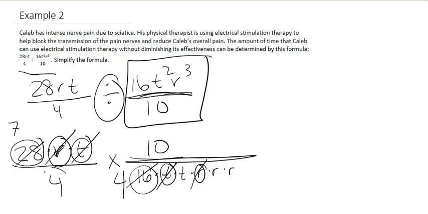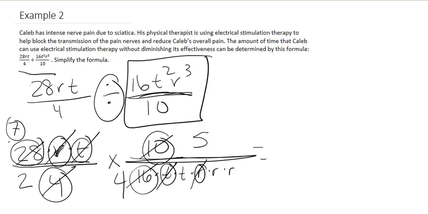So now we have this 4 here and this 10 here. So we can divide by 2 with the 4 and the 10. So 4 divided by 2 is 2. 10 divided by 2 is 5. So we are left with nothing else except for this 7 term in the beginning. So we have 7 times 5.